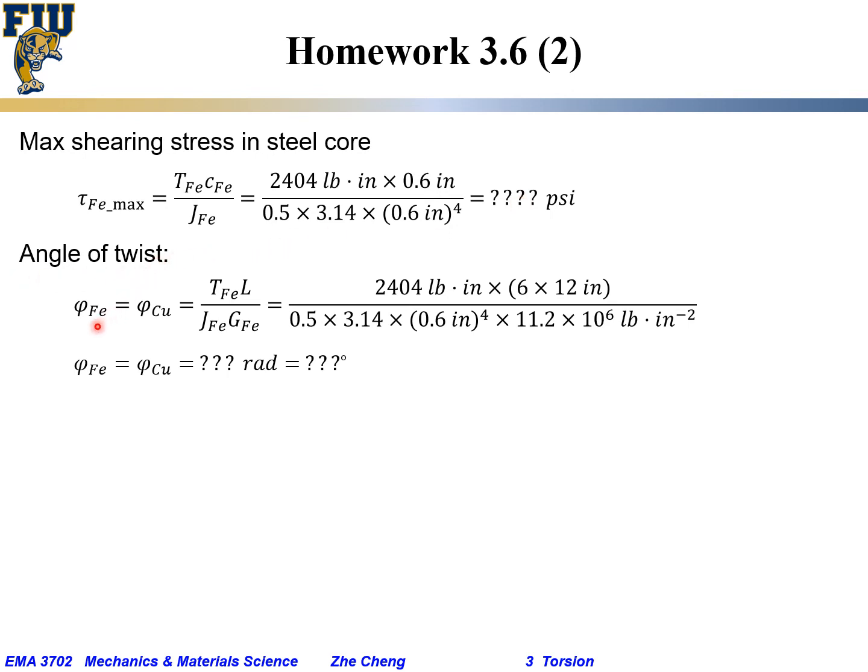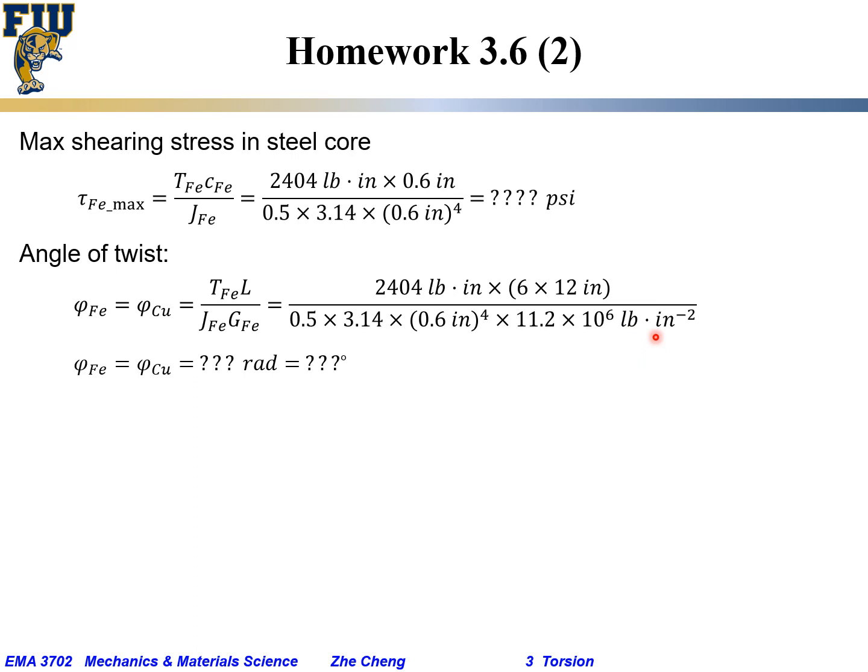Okay, and finally, the angle of twist. We said the angle of twist for copper and iron would be the same. Let's use the iron: TL over JG. T from previous is 2,404. L we said is 6 foot, 6 times 12 inch per foot, J is half pi radius to the power of 4, and G is 11.2 times 10 to the power of 6 pound per inch squared.